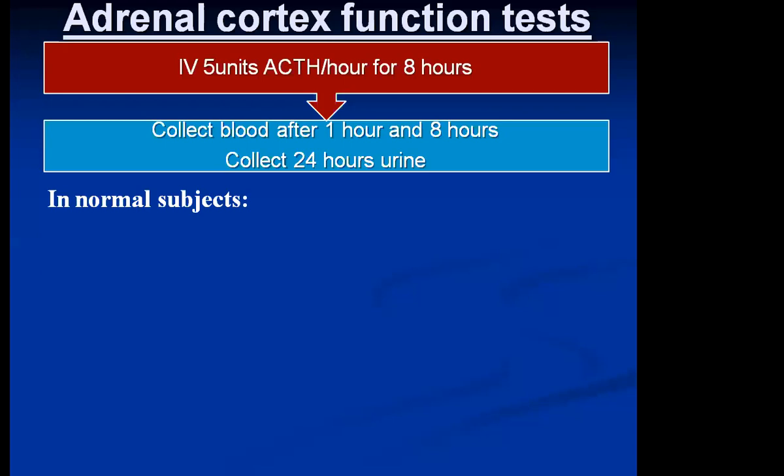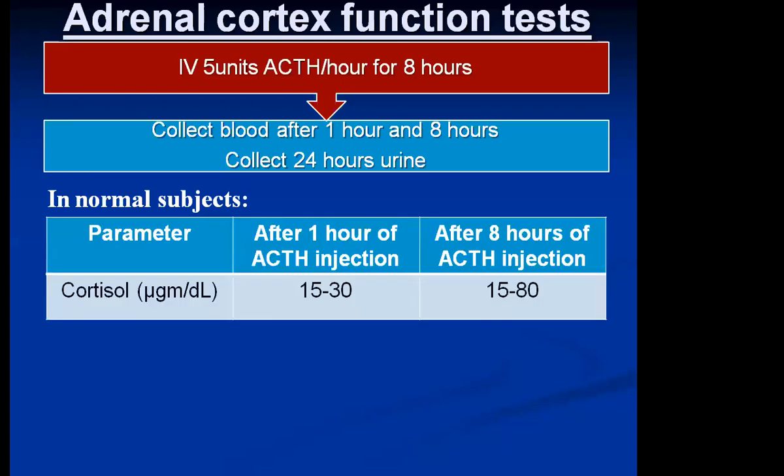So in normal subjects, after 1 hour of ACTH injection, the plasma cortisol should be 15 to 30 micrograms per deciliter, and after 8 hours of ACTH injection, the plasma cortisol should be about 15 to 80 micrograms per deciliter. If the cortisol is not secreted up to this particular level, what does that mean?